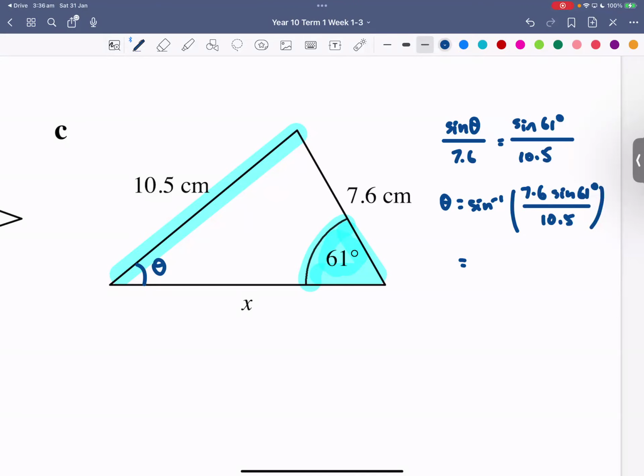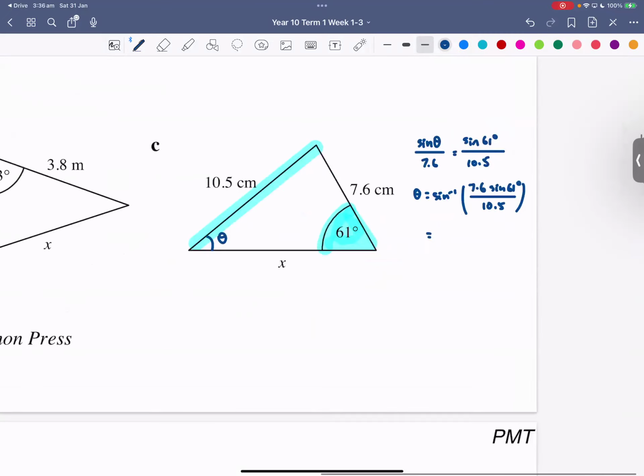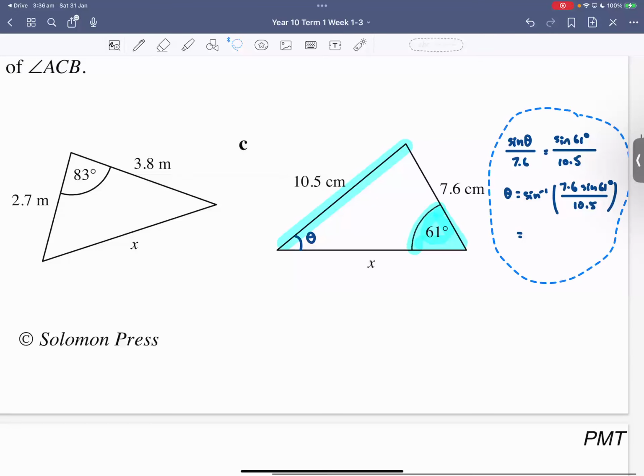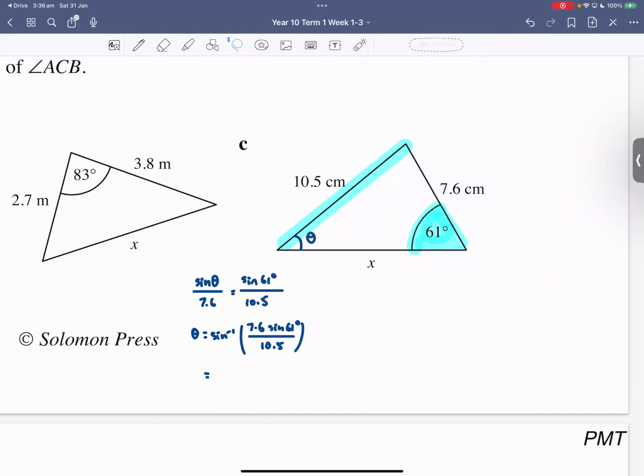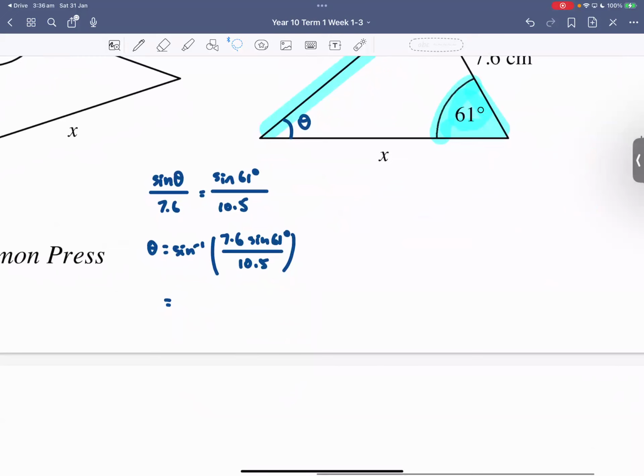What's the acute version of theta? Anybody? Come on. 39.2, sure. Keep it exact in your calculator. And then what's 180 minus that? 39.3. And what's the other version?